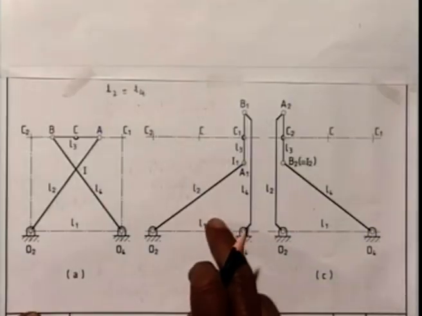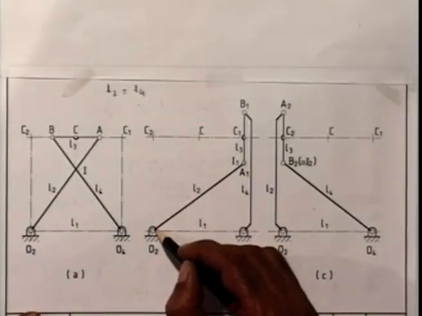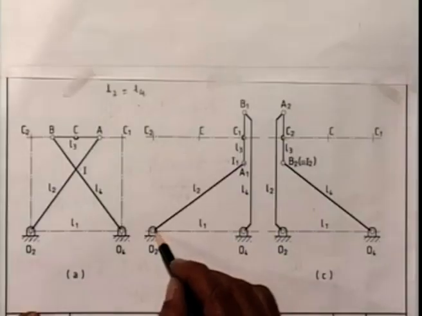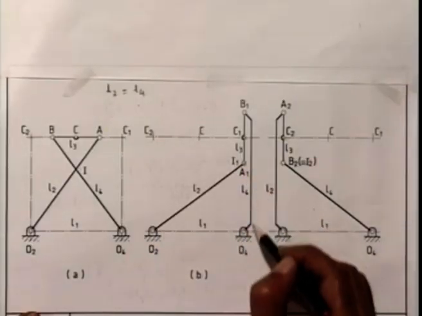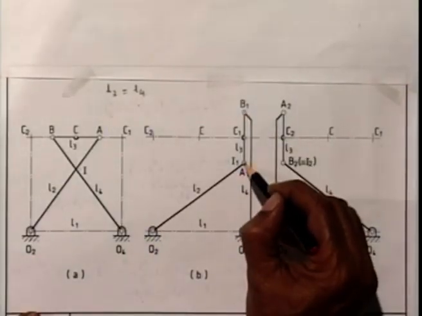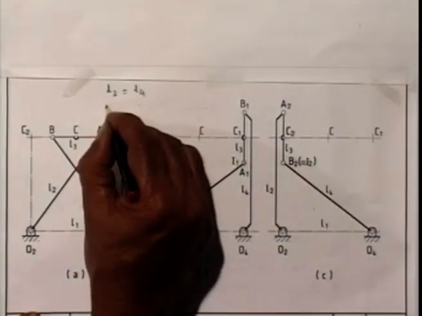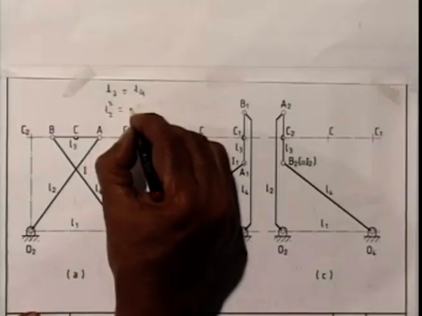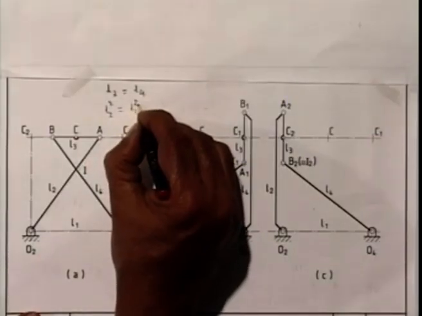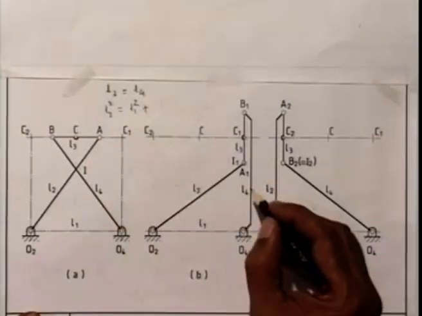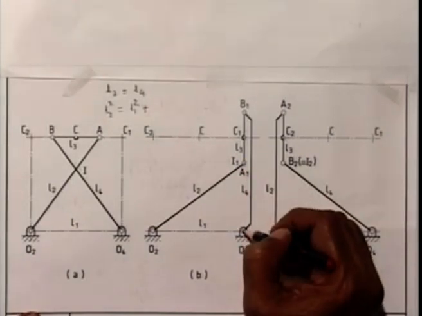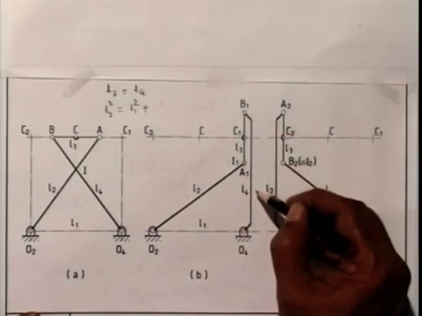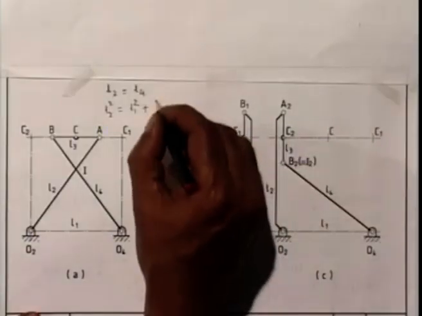If I consider this configuration, then I get L2 squared is L1 squared plus L2 minus L3 whole squared. So, I write L2 squared is L1 squared plus L2, because L4 is L2, minus L3.